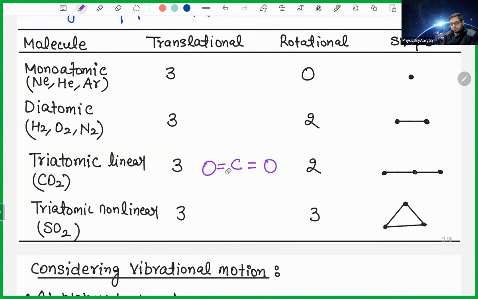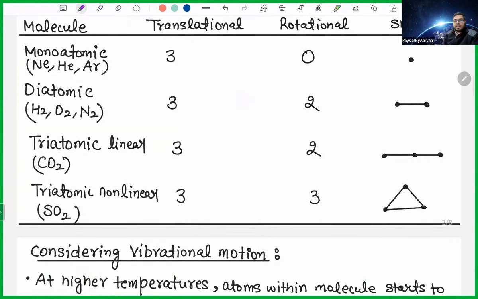The CO2 molecule has three translational degrees because it can go in X, Y, and Z, and again two rotational. Why? The same logic. You can rotate around Z, you can rotate around Y, but not along X, because all three particles are sitting on the X axis. That is why you cannot rotate around the X axis.